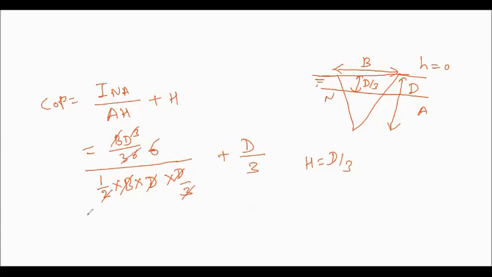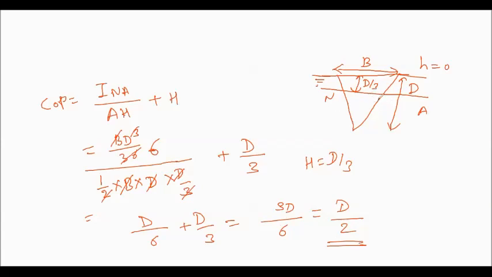So the final thing which is left will be d by 6 plus d by 3. It will be 3d by 6. So the center of pressure will be at d by 2.